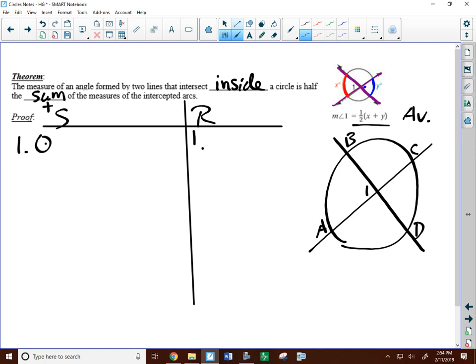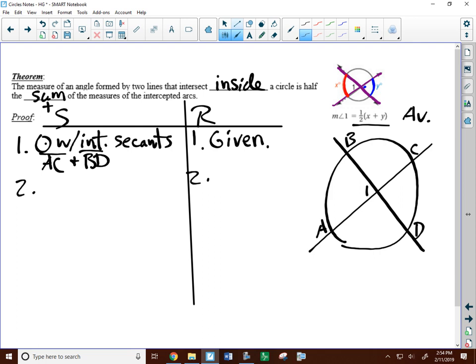What we have over here is just the circle with intersecting secants AC and BD, by what I named them.